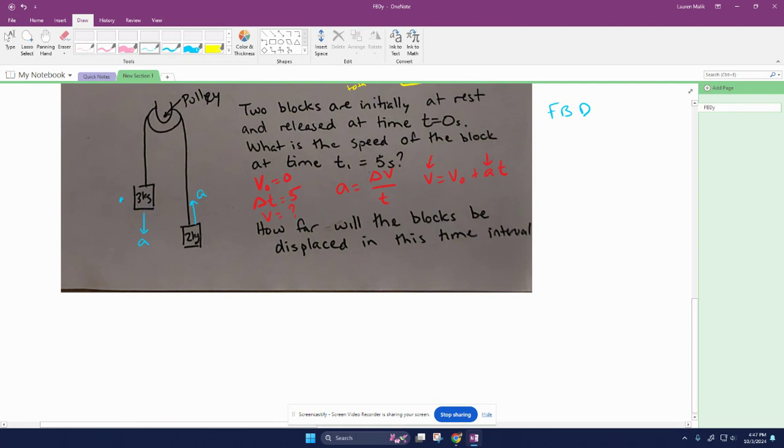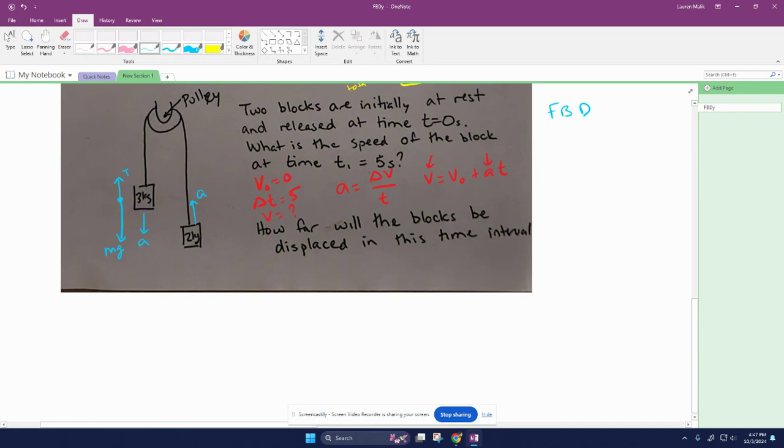So when it comes to my 3 kilogram mass, it's accelerating downward because of its weight, mass times gravity. It is being pulled backwards a little bit because of this other mass that it's attached to through my string or my tension. And you'll see that I drew this arrow much smaller than the other one because I want my gravity to win so that I can accelerate in that downward direction.